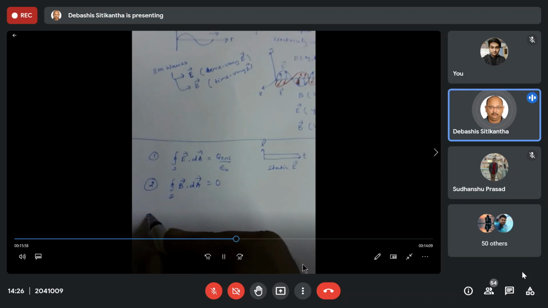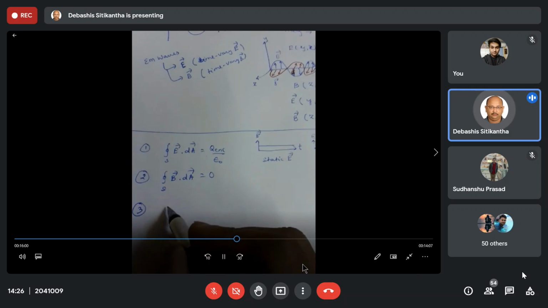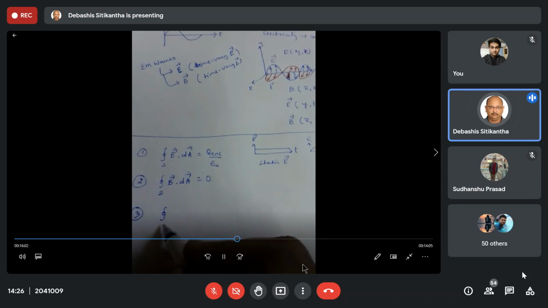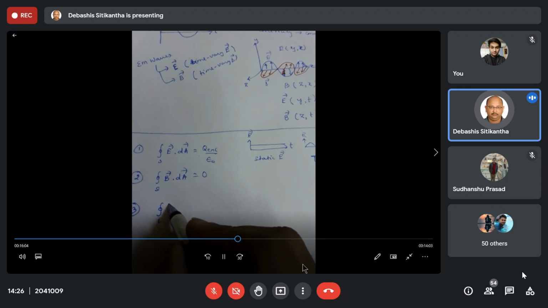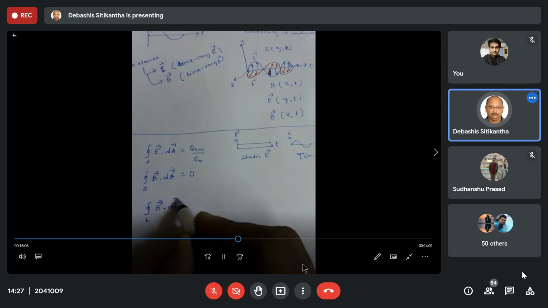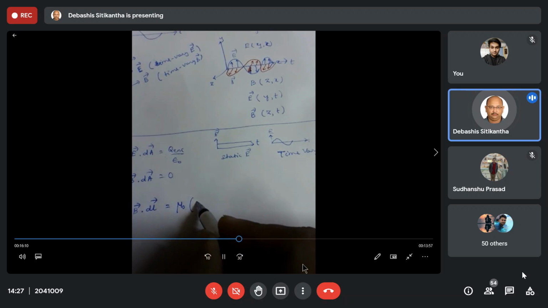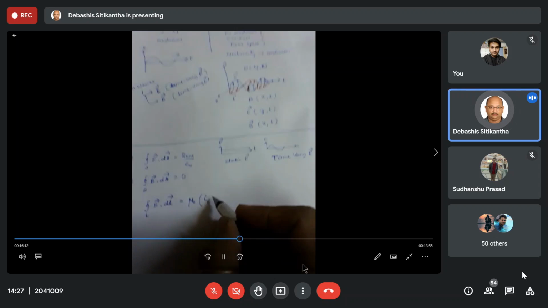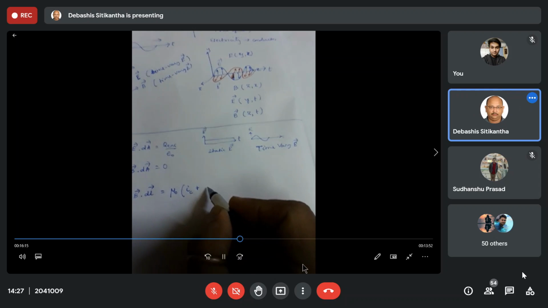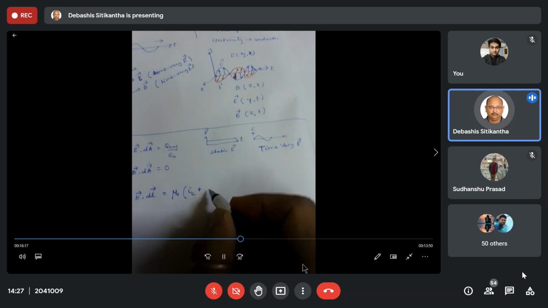Now the third equation, that is your Ampere's law, says that the closed line integral of B vector dot dl vector is equal to mu naught times (IC, that is your conduction current, plus ID). And what was ID?